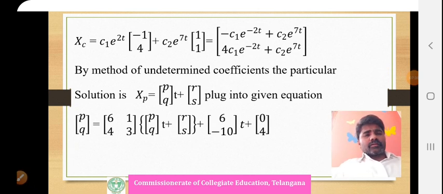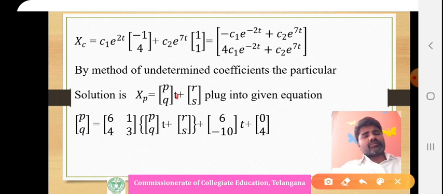Now xp is (p, q) t plus (r, s). Substitute this solution into the given equation x' = Ax + g(t) + constant vector. Taking the derivative, the t derivative is 1, so we get (p, q), and (r, s) is constant so its derivative is 0.